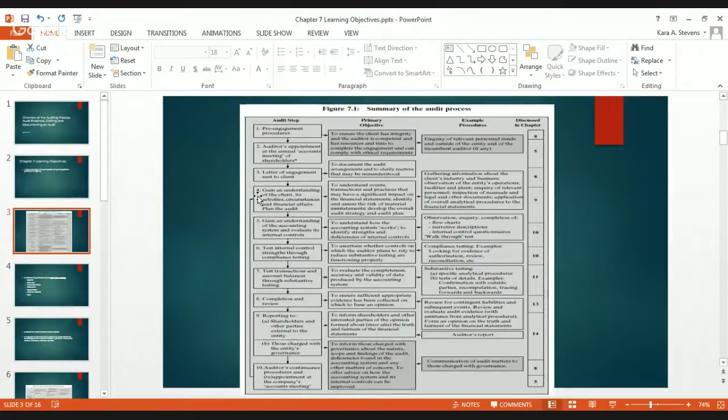Then number 4, this is where we're kind of at with your current audit simulations. You have to gain an understanding of the client and what accounts they're using, and this leads to actually planning the audit. From there, we gain an understanding of the accounting systems and look at the internal controls overall. And number 6, the test of internal controls is really only for the public companies where you'll do a full SOX 404 audit.